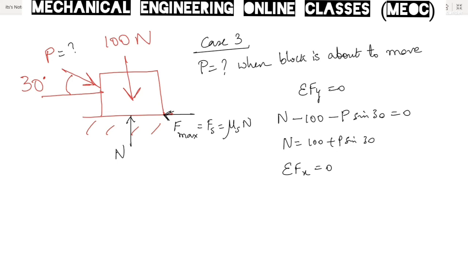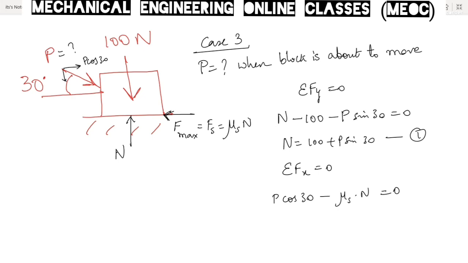So here the horizontal component will be P cos 30. So it is P cos 30 minus mu s into N. This is equal to 0. Let the sigma Fy outcome be equation 1.